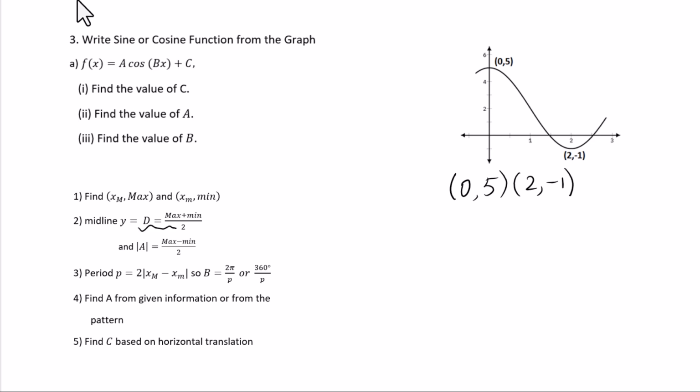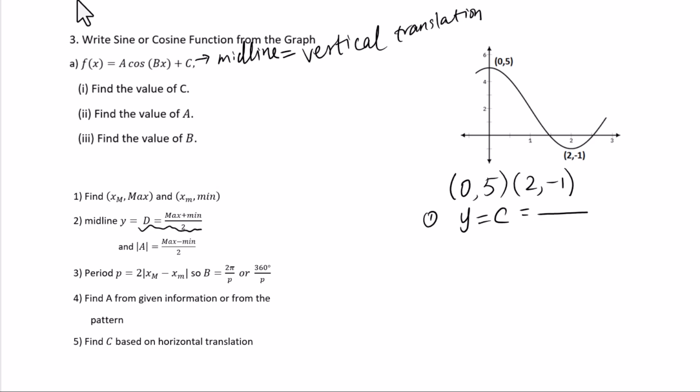Using this formula to figure out the midline. c is the midline. Midline means vertical translation. y equals c equals (5 plus -1) over 2 equals 2. Let's draw the midline, y equals 2.